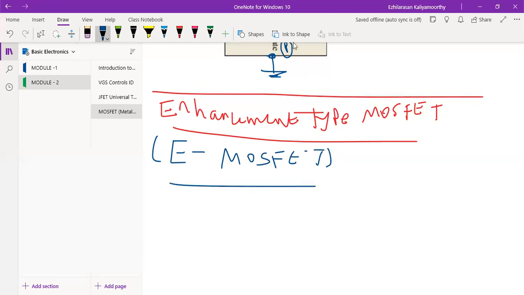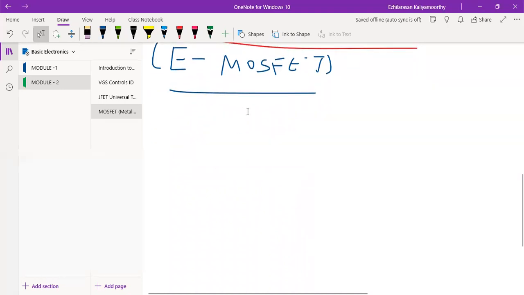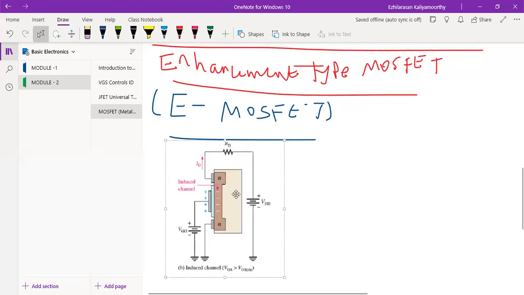So now let us draw the diagram along with the proper biasing. See here the diagram.